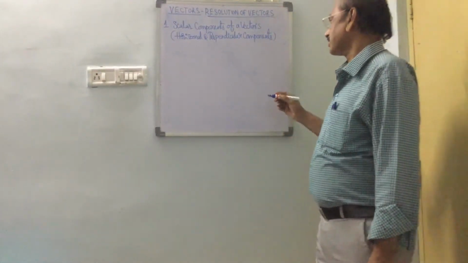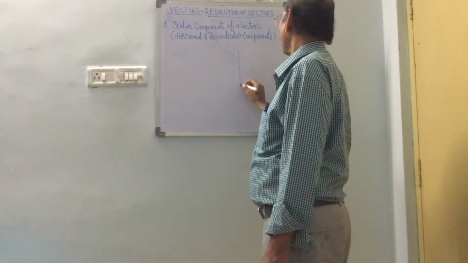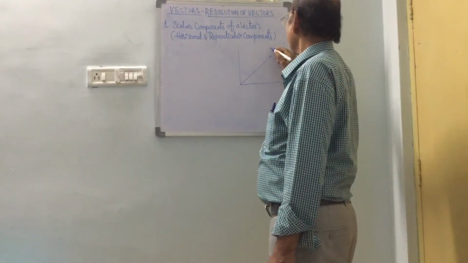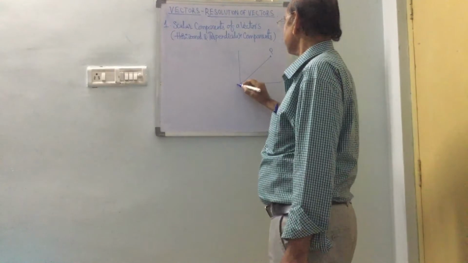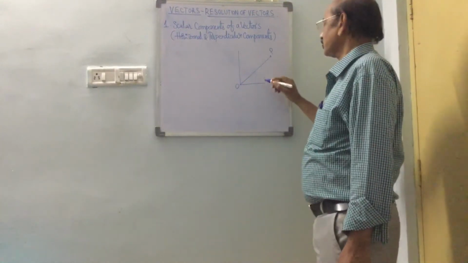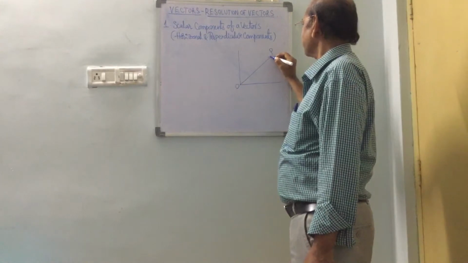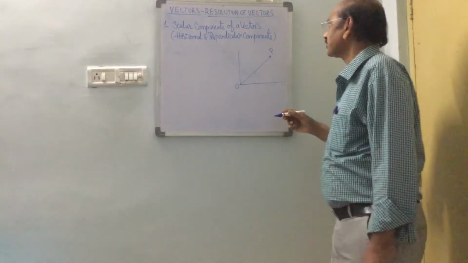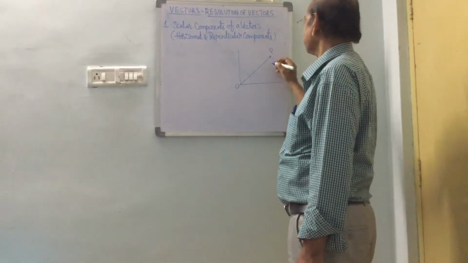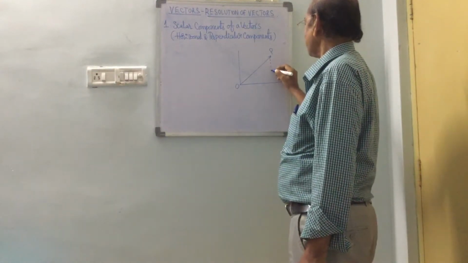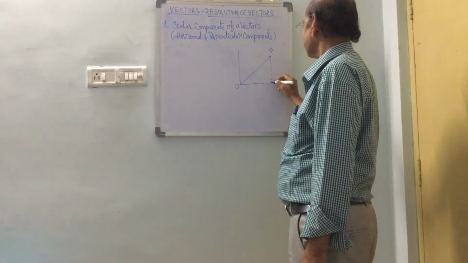Now consider a point P which is at a distance from origin O. Consider the position vector OP bar.